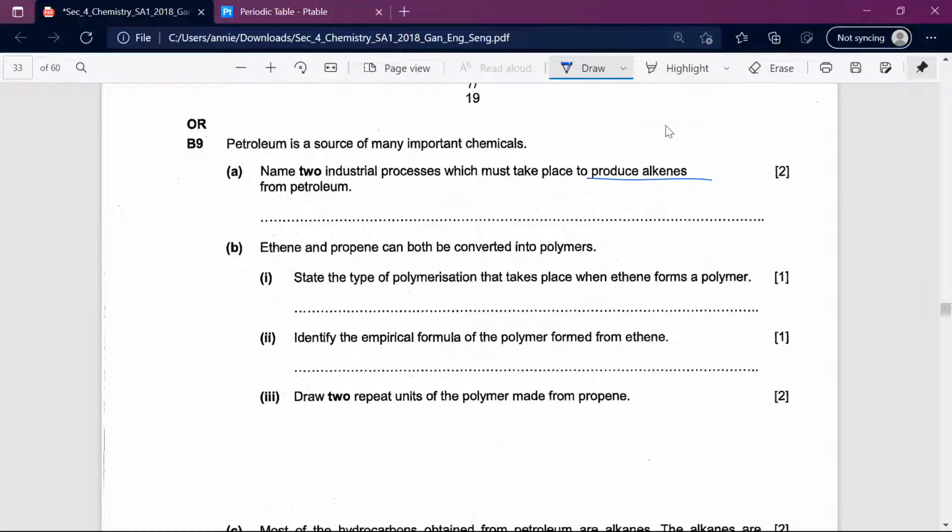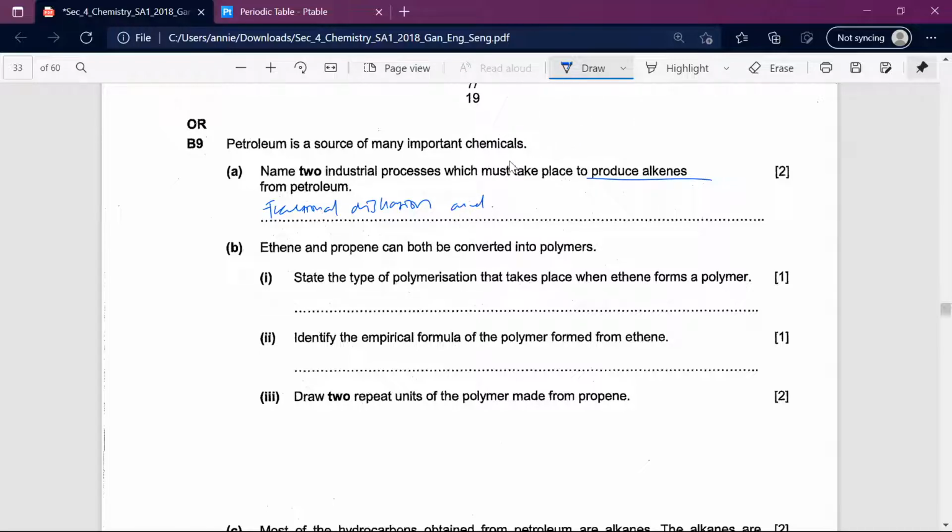Okay, so this one is referring to your industrial process chapter, and you know that this is actually from fractional distillation, which is the process where you have different temperatures, and that's how you obtain the different fractions from the alkane.